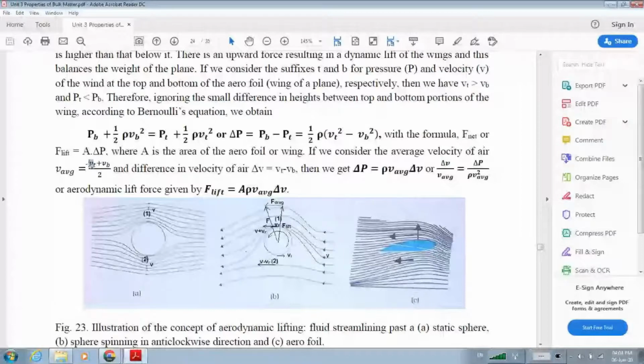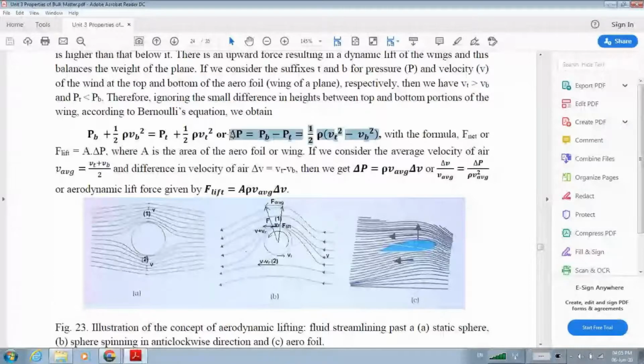So V average equals Vt plus Vb by 2, and the difference in velocity is given by delta V equal to Vt minus Vb. And if you write delta P, it equals half into rho into Vt square minus Vb square.